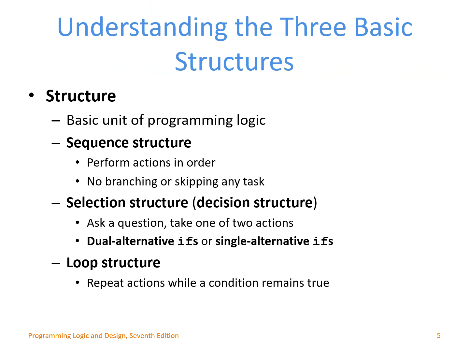The third basic structure is the loop structure, wherein actions repeat while the condition remains true. This means that every time the condition is true, it will loop, but if the condition becomes false, the loop will stop.